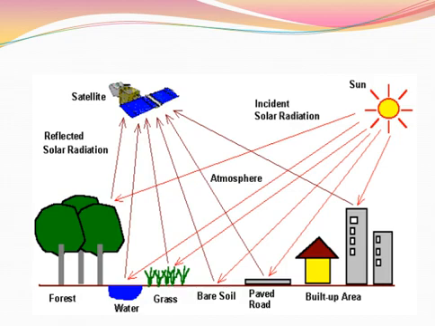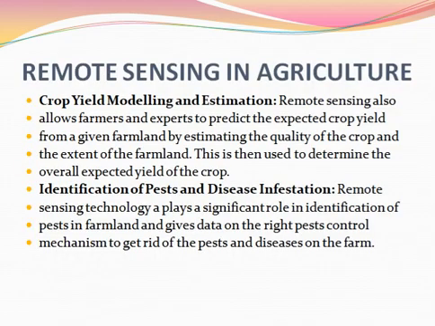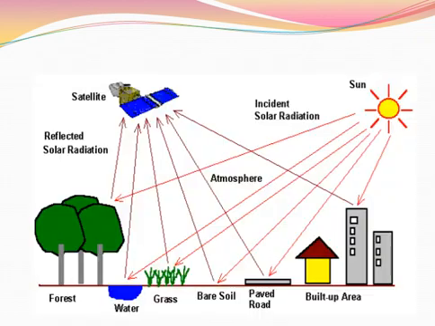Then the remote sensing process components: energy source or illumination, that is A, then radiation and atmosphere, that is B, interaction with the target, that is C, then recording of energy by the sensor, that is D, transmission, reception and processing, that is E, and interpretation and analysis F, and finally application G.